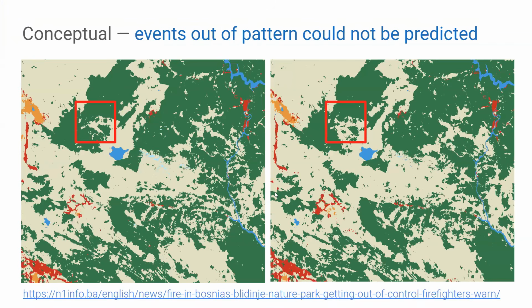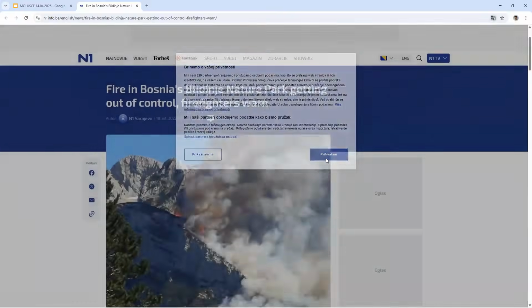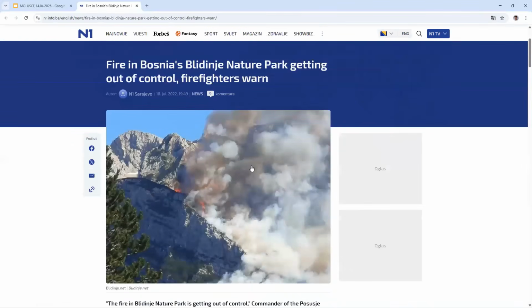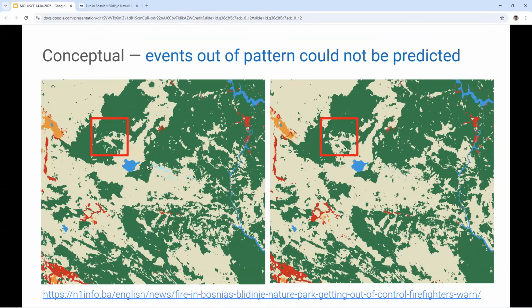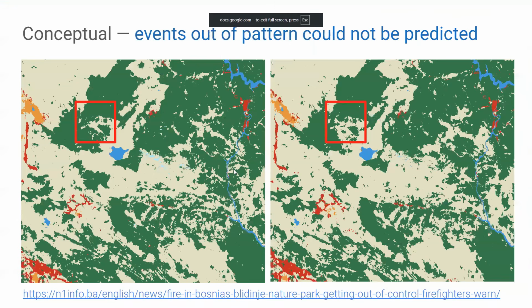Second thing, events out of the pattern, out of the training data, would not be predicted. For example, we observed a massive forest loss in the Blidinje Nature Park in Bosnia, not far away from Ramsko Jezero. But it was a forest fire. I found a piece of news regarding this case, and I can see a photo of this forest fire, etc. And nothing regarding forest fires is presented in historical datasets.